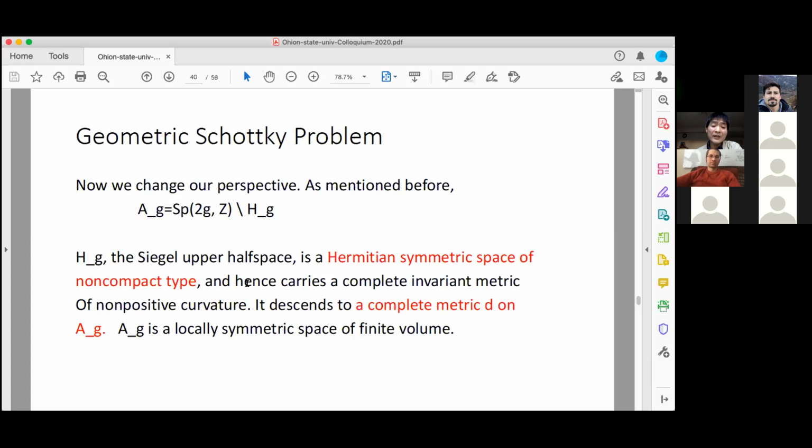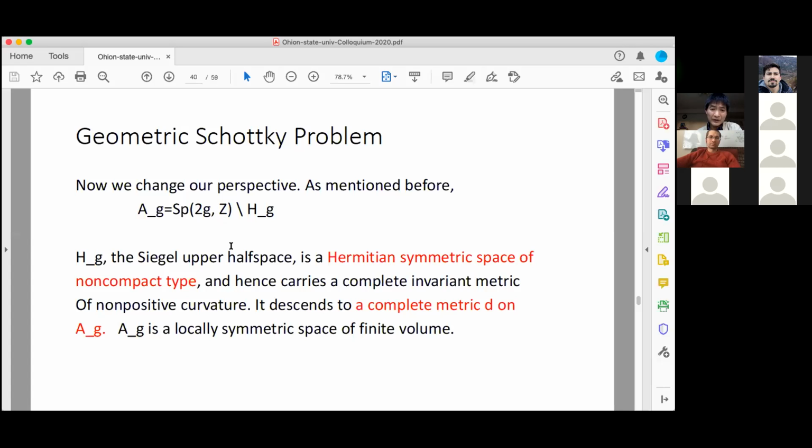Since this metric is invariant under the whole Lie group, it's also invariant under this lattice. So it descends to a complete metric on A_g. Therefore, A_g is a locally symmetric space of finite volume. Earlier we emphasized A_g is an algebraic variety. Now we want to emphasize A_g is a locally symmetric space of finite volume.